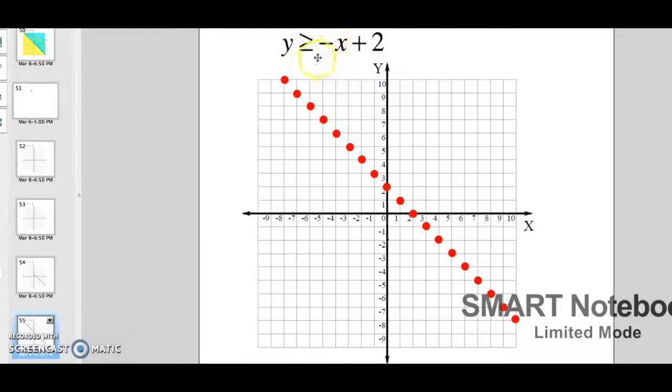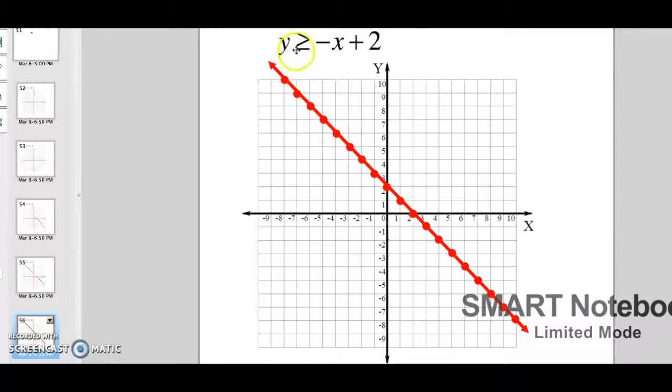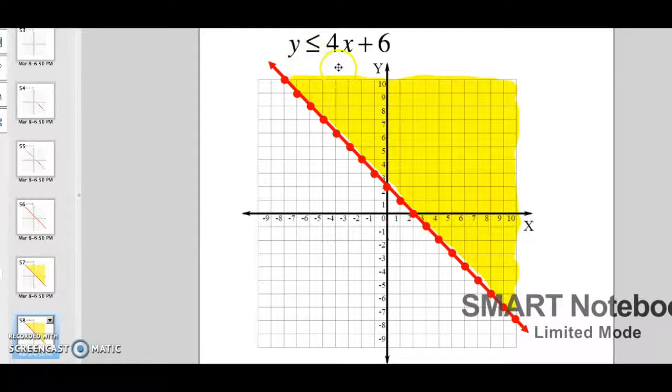Okay, so now it is an equal to statement with the line under it, so it will be a solid line. Greater than means you shade everything above the line. Okay, so we shade everything above the line. The second inequality is y is less than or equal to 4x plus 6. My y-intercept is 6, and then I go up 4 over 1 because my slope is 4.